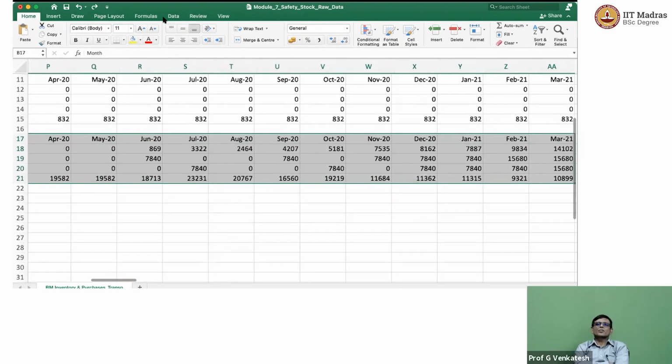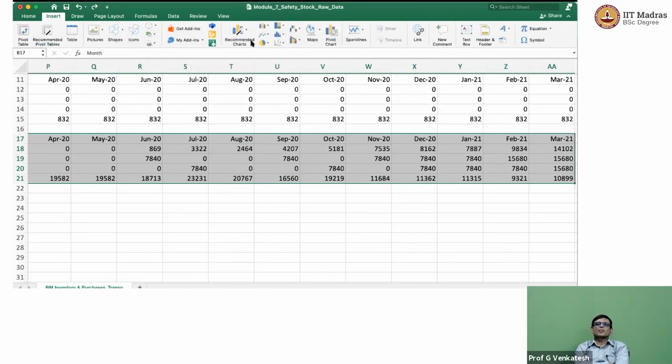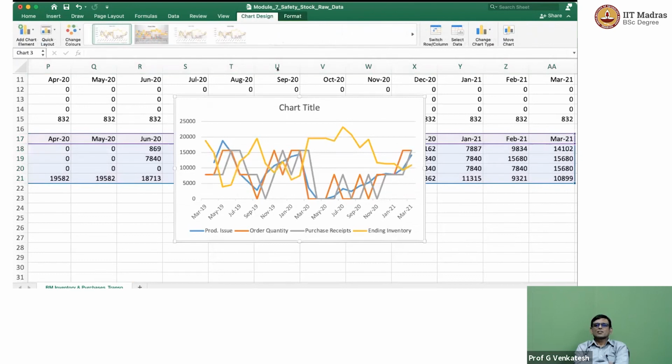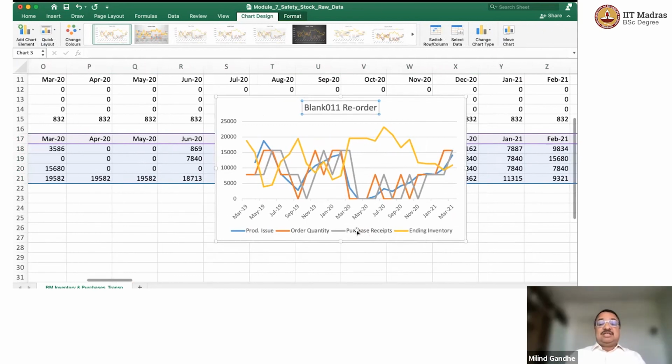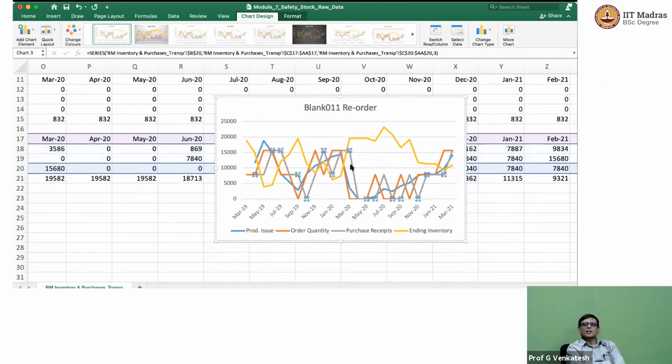Good. Okay, and then we said purchase receipts we don't want. Deleted. It's cluttering it.